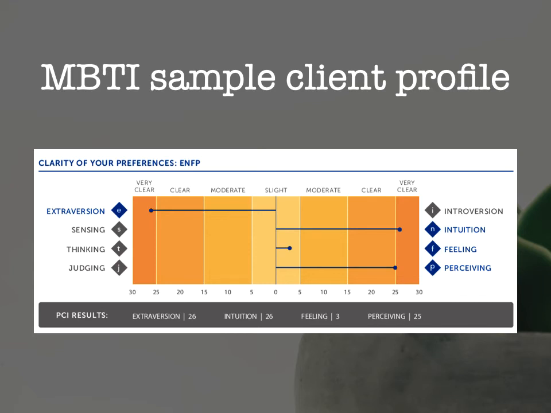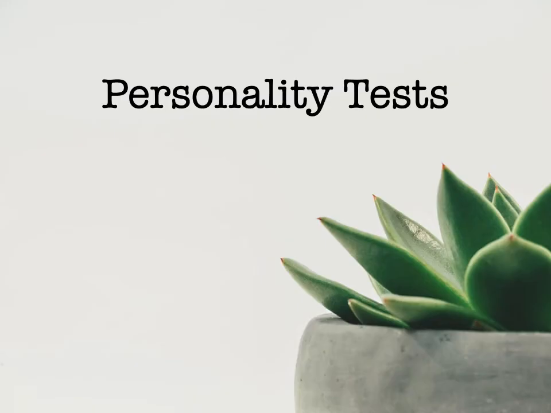For sensing and intuition, it's more on the intuition side, and it's very clear on this dichotomy. For thinking and feeling, it's leaning towards feeling. And for judging and perceiving, it's really on the perceiving side. Okay, so that's for MBTI.